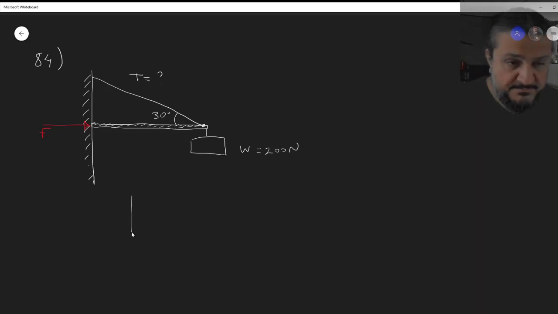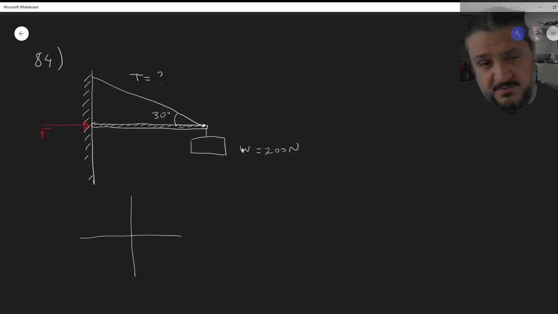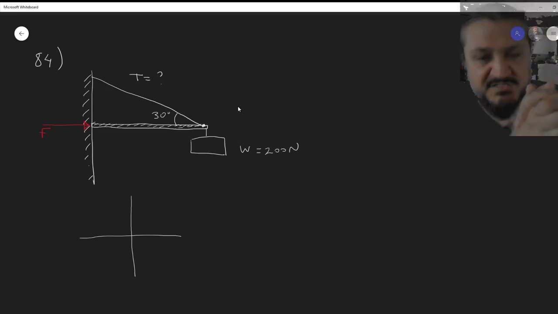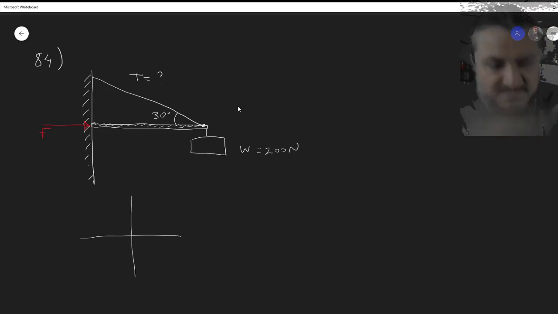Now if you want to do it the same way we did before, you can isolate the object first, imagining there's a little chain that connects the strut to the sign, and then consider the tension in that chain, but that's going to be equal to 200 newtons anyways. So there's no harm in just using 200 newtons directly.